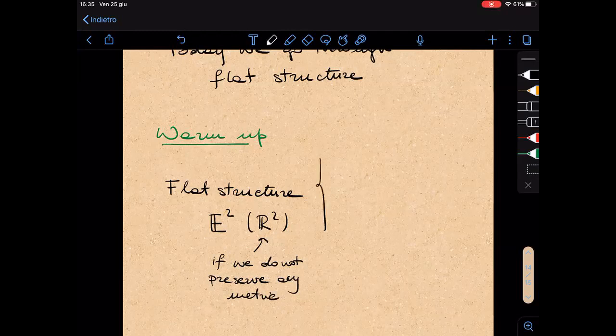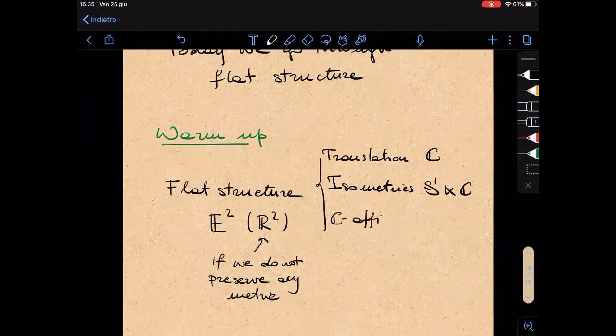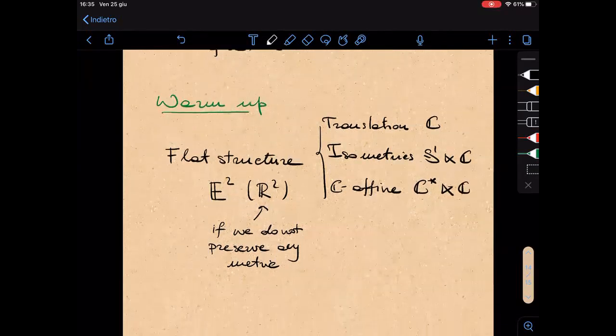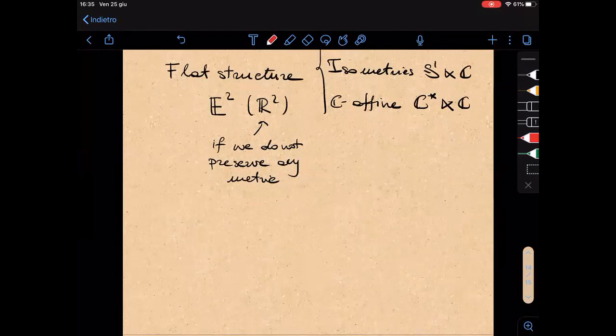Then, when we have flat structures, we can think of translations, and then there is an associated group equal to C. We might have some isometries, then S1 semi-direct C, and complex affine, and this is C star semi-direct C. So flat structures in this sense, with this notation, is this couple E2 and this group G, where G is one of these groups.